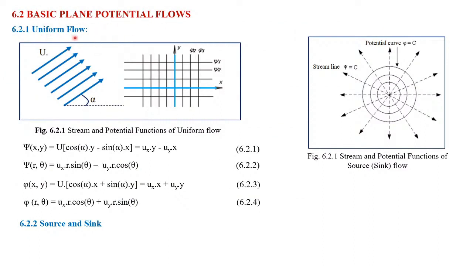The first one, uniform flow. We have the velocity u making an angle alpha with x.